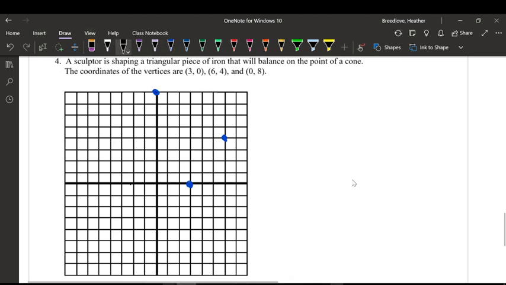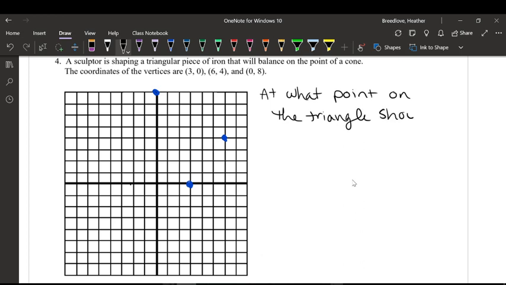So my question is going to be, at what point on the triangle should the sculptor place the triangle?